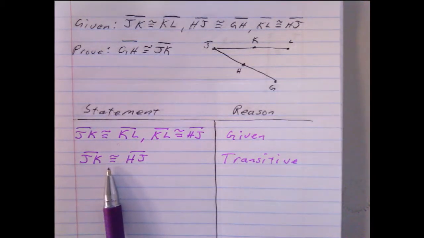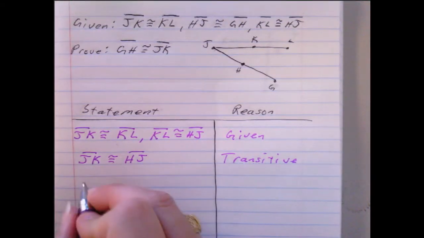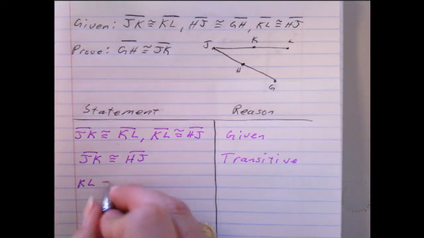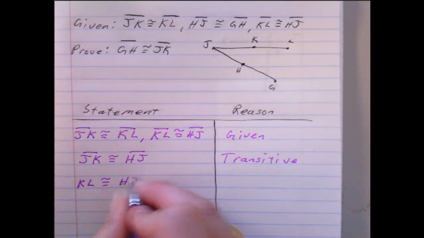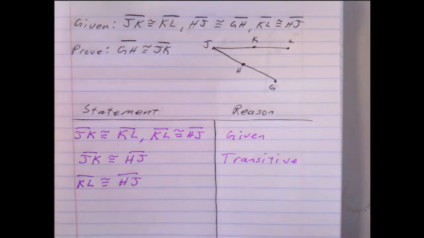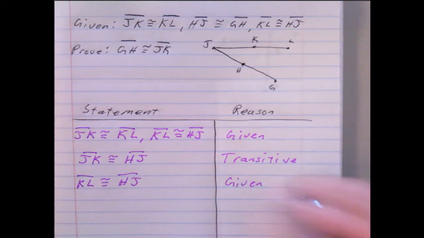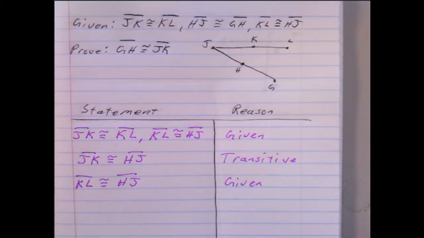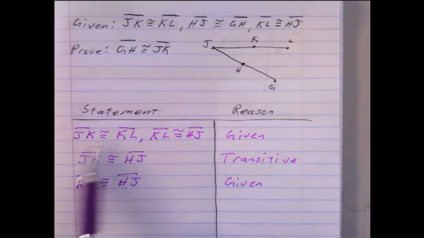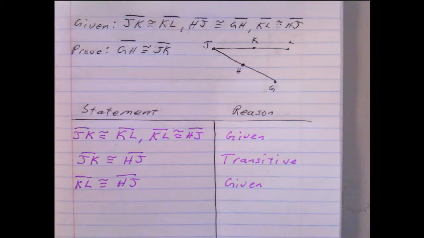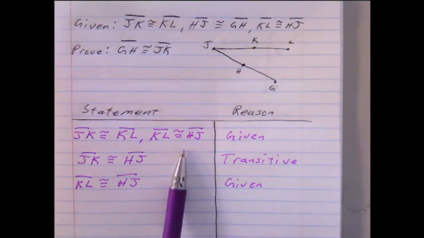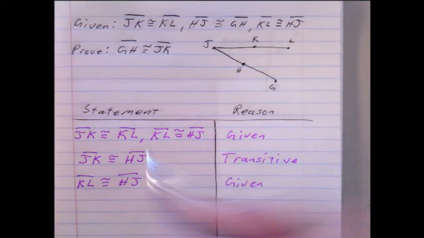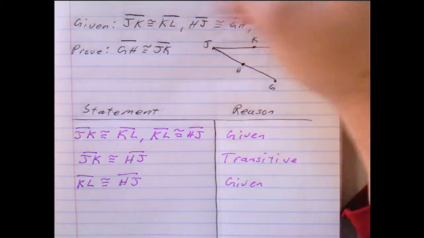So then from here, now I'm going to do my other given statement, which is KL is congruent to HJ. That was also given to us. So then from here, I can use this statement and this statement. Did I do all of them? Oh, I apologize. I wrote the wrong one down. So I already did this one, and I did this one.